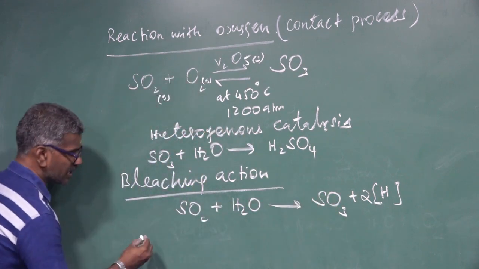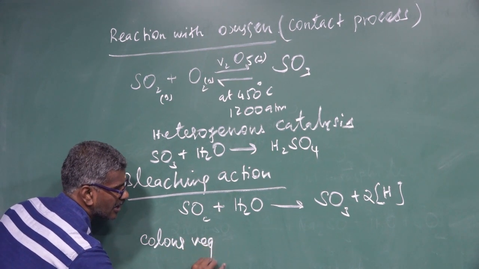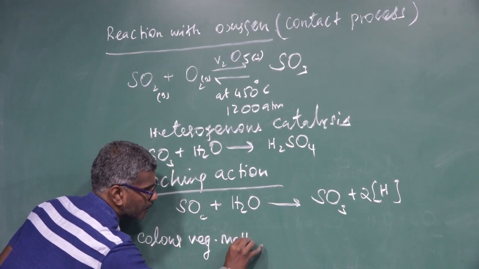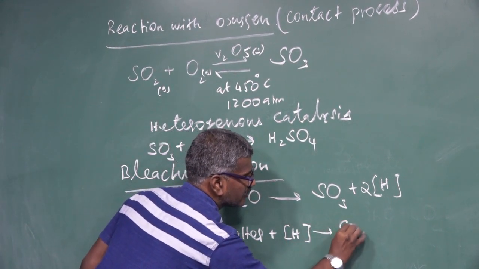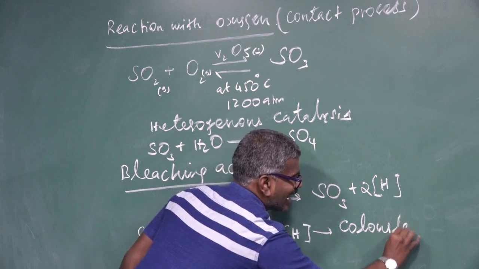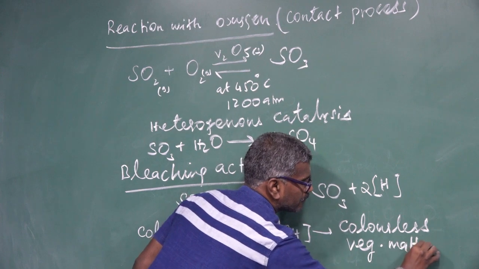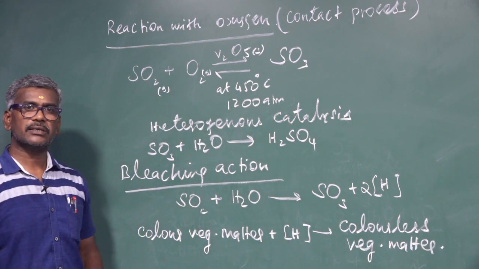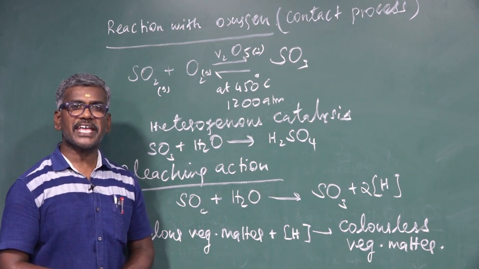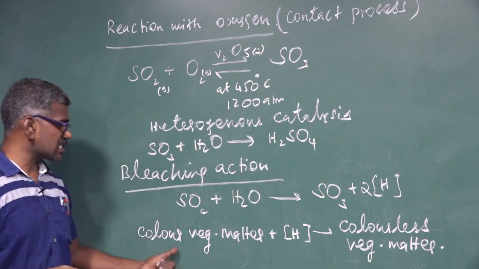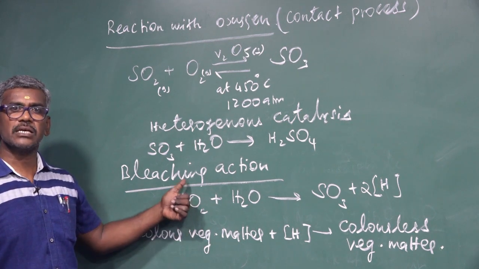This nascent hydrogen reacts with colored vegetable matter to form colorless vegetable matter. Here, if the bleached article is exposed to air, it regains the colored vegetable matter due to air oxidation.